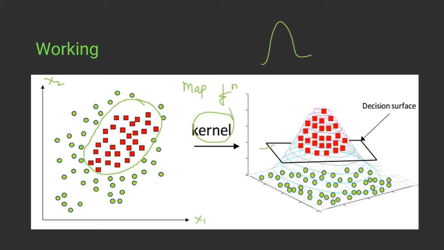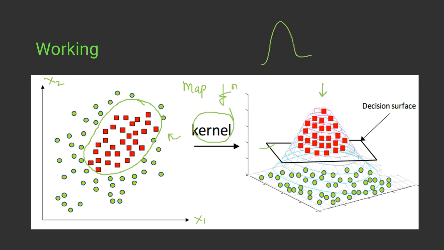So when we put a Gaussian kernel in this space, if you see this data from a 2D scale, it will give you a view like this, right?